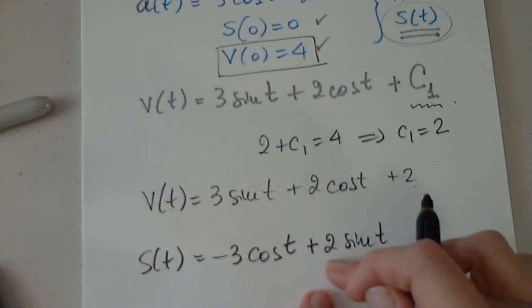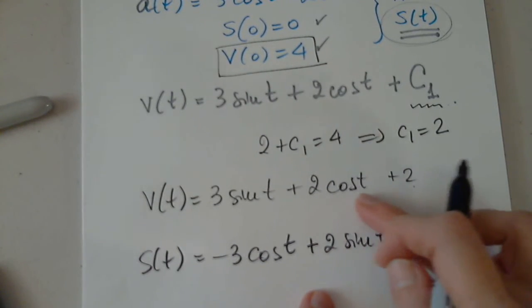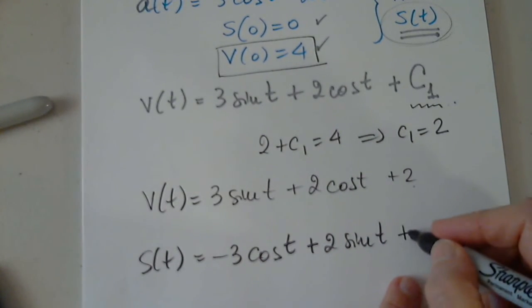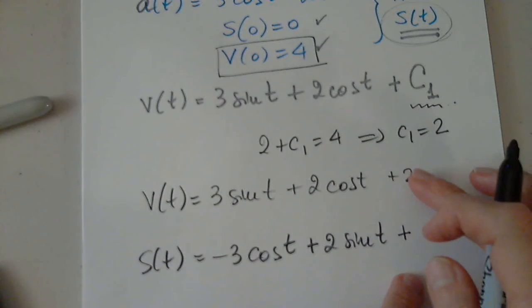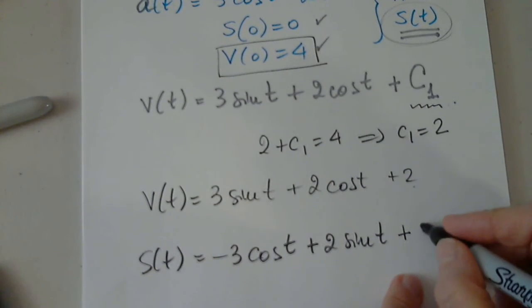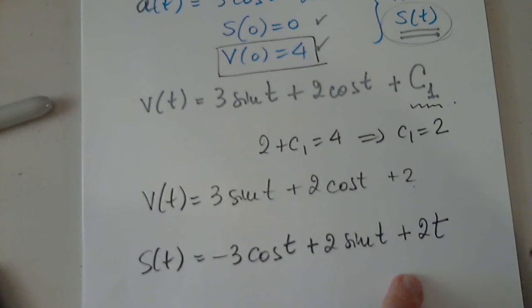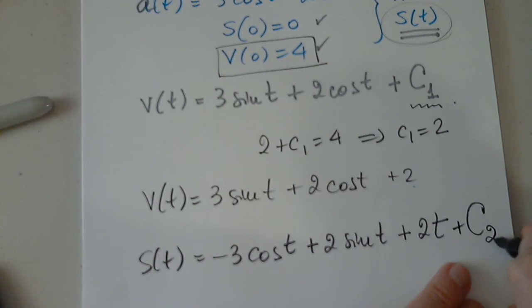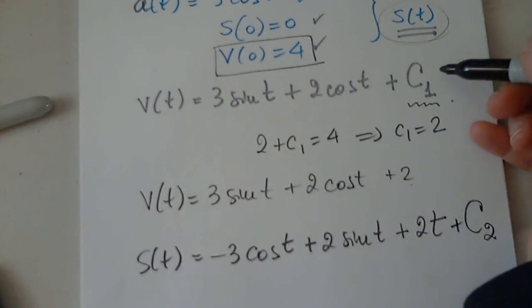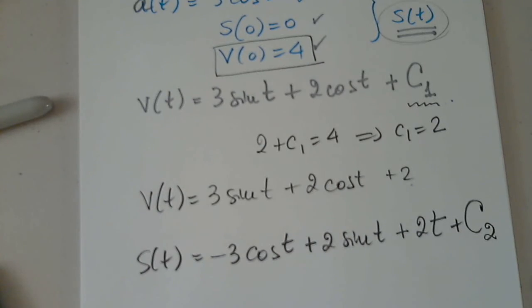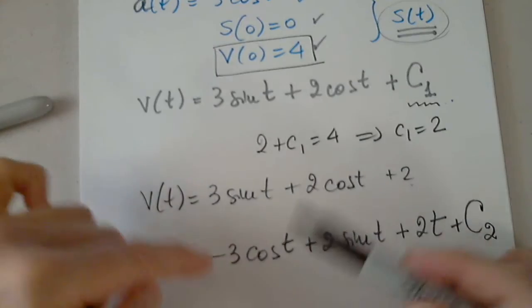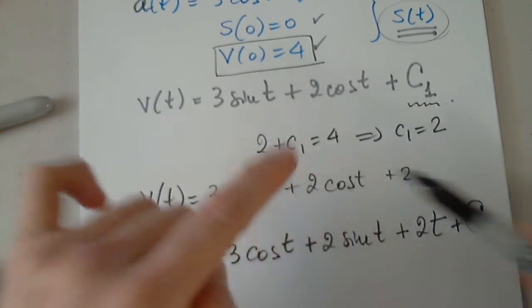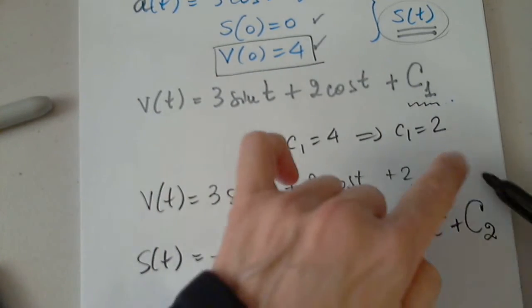Why? When I differentiate 2 sine t, I get 2 cosine t. Plus, which function prime is 2? Well, it must be 2t. And plus a constant that I will call c2, not to be confused with c1. Let's check again. This prime is that, this prime is that, this prime is that, this prime is 0.